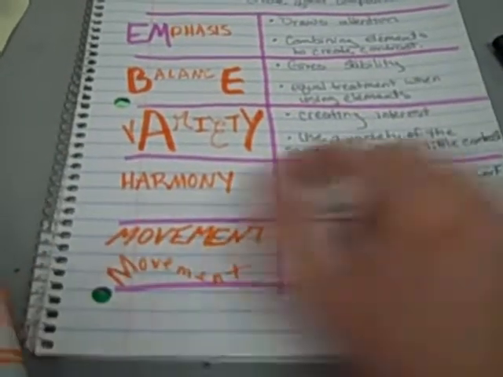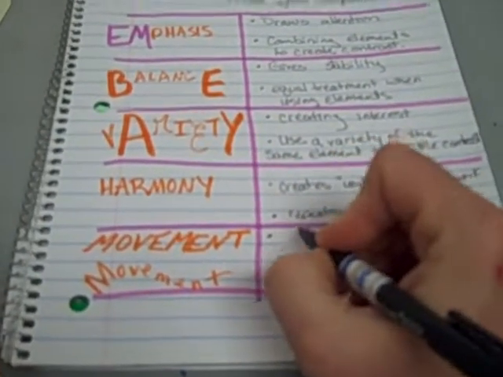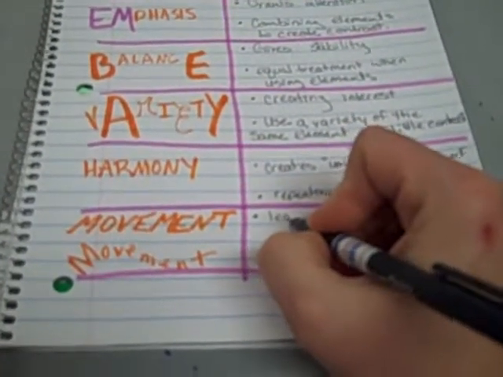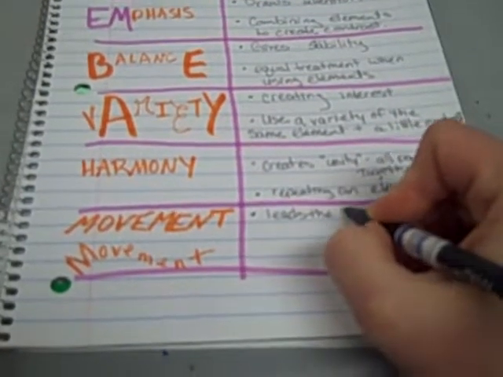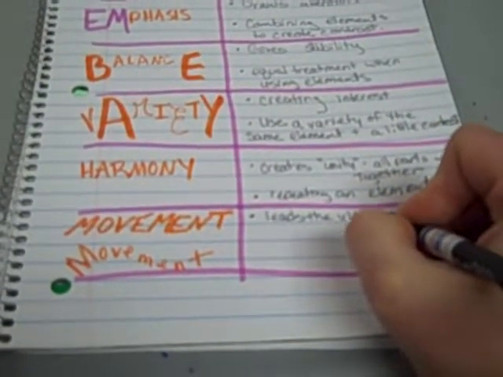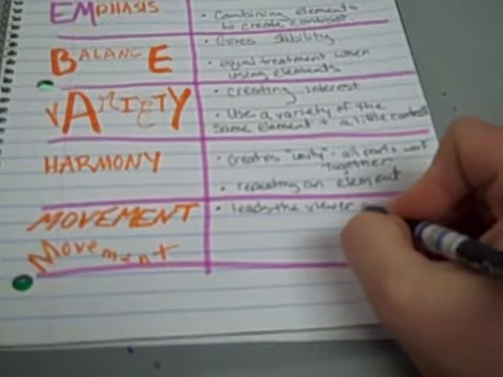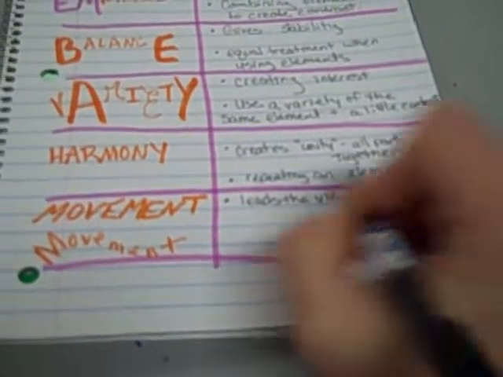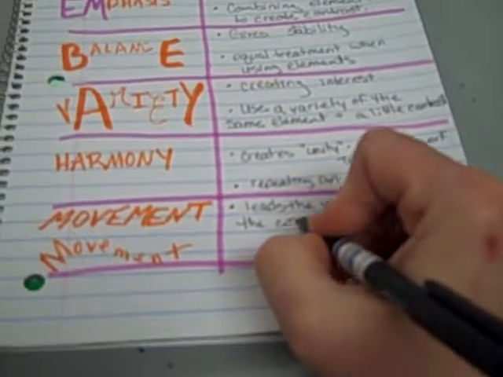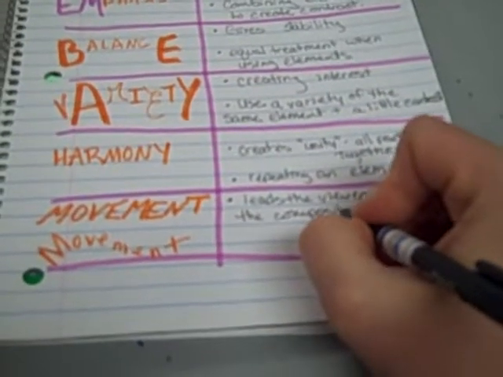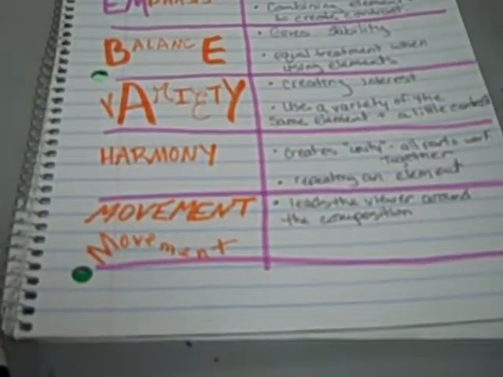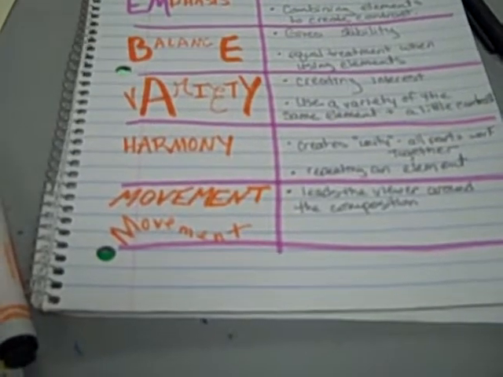So it's really good. The movement is especially important because it leads the viewer, that's the person looking at the artwork, around the composition. That is essential. An analogy would be like the director for a film.